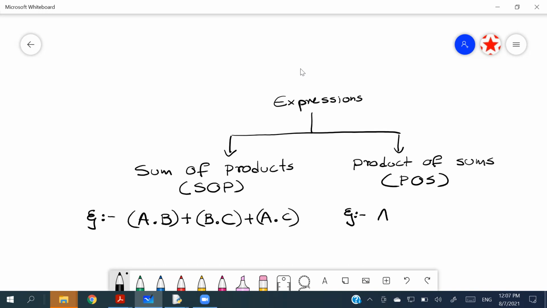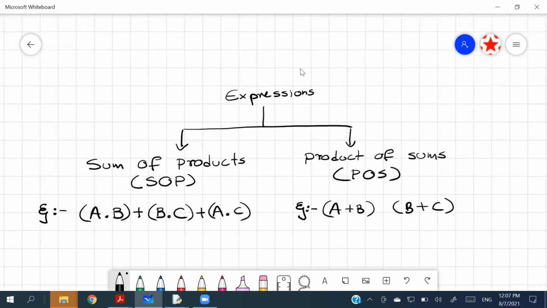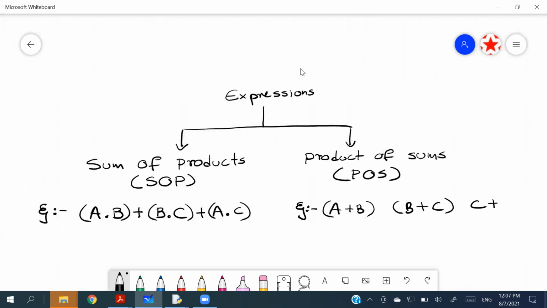right? So I can say A plus B. So this is a sum. B plus C, it is a sum. And C plus A, it is a sum. So these are sums connected by a multiplication.